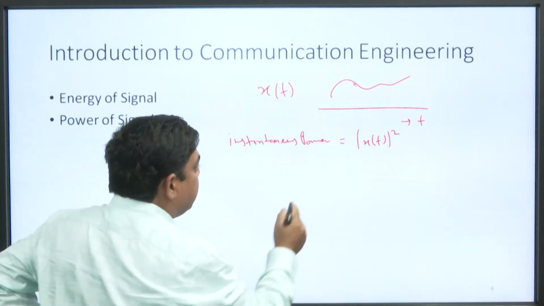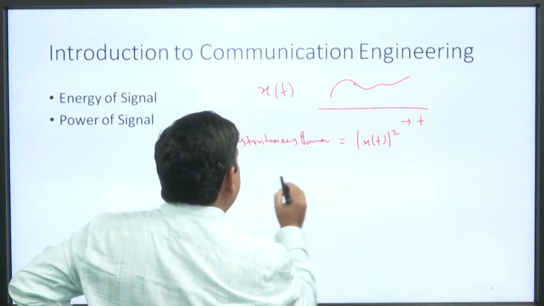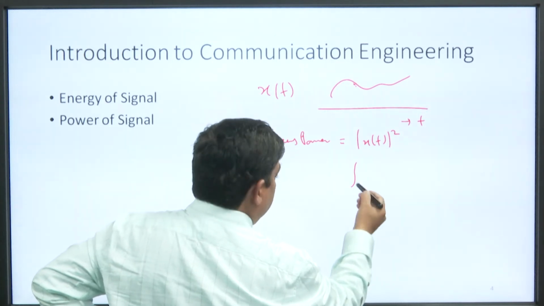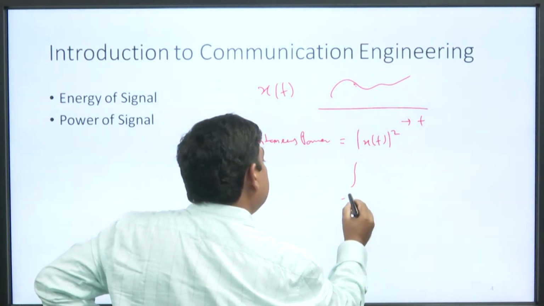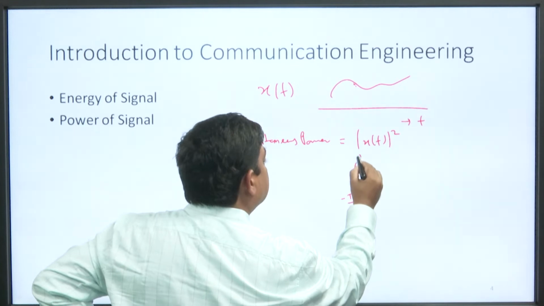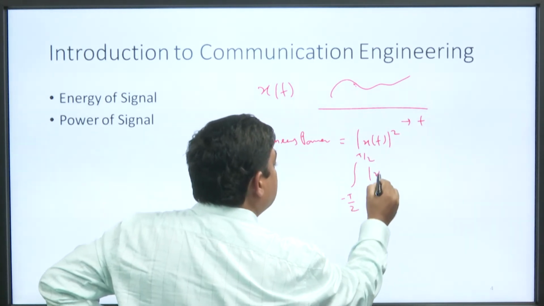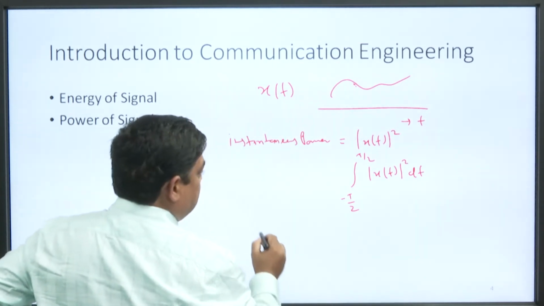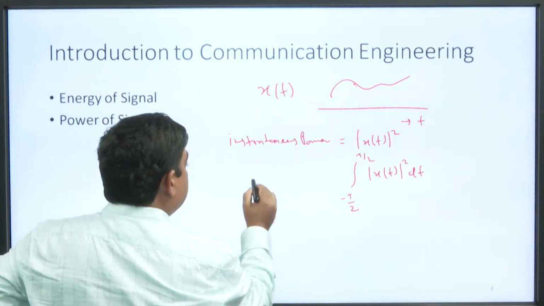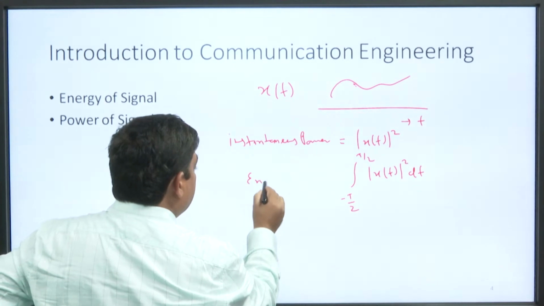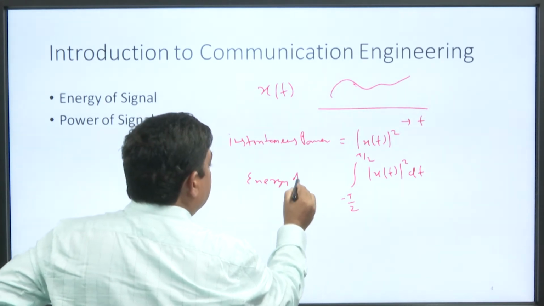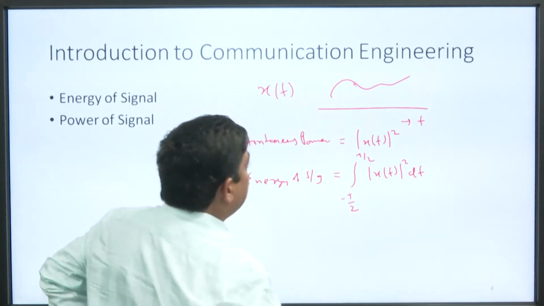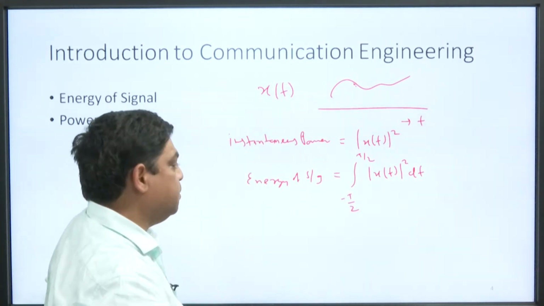When we integrate it over one period, or over some duration, suppose minus T by 2 to plus T by 2, mod of x(t) whole squared dt, it is nothing but the energy of the signal in the duration minus T by 2 to plus T by 2.